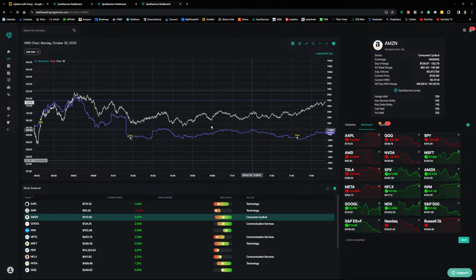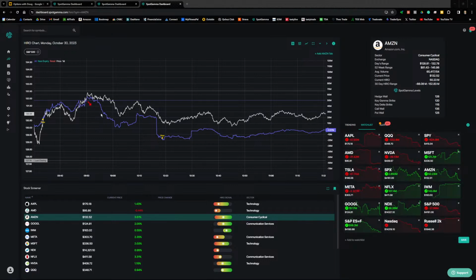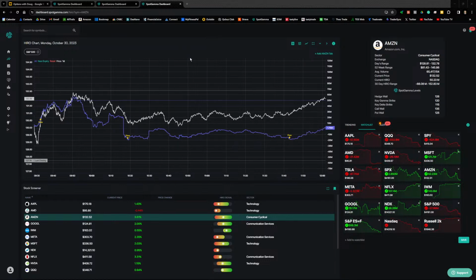And what I saw in the morning was this divergent short, but that Hero started moving lower. Price responded, and looking out at the big picture, the setup today for Amazon was really a long.